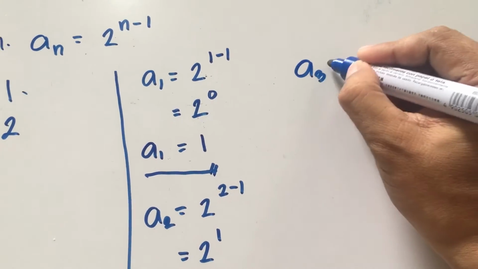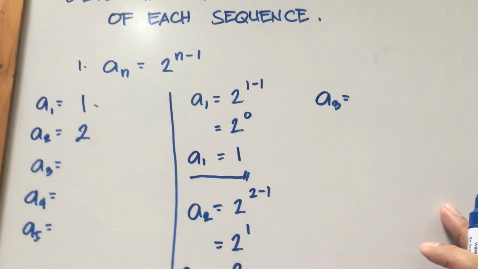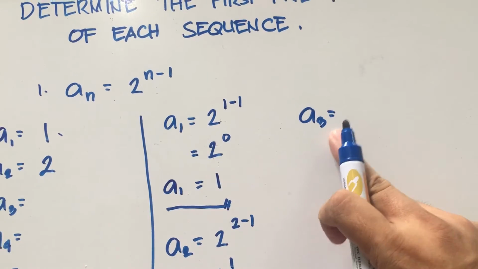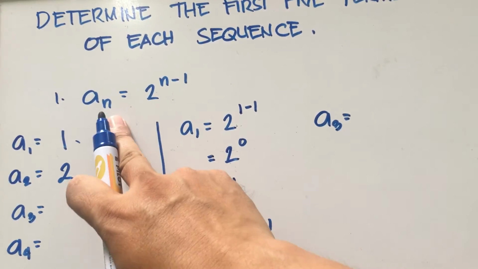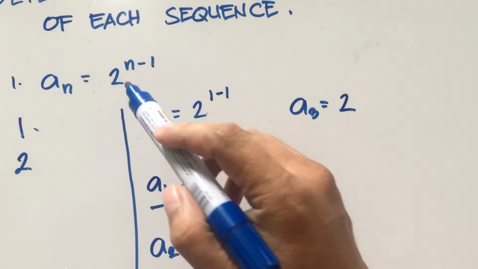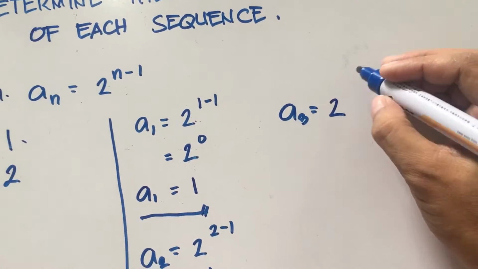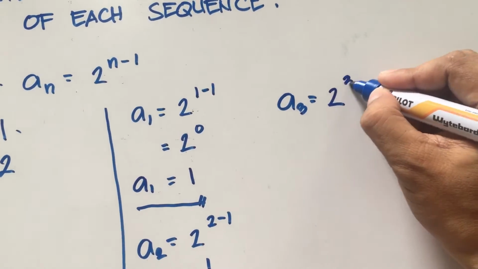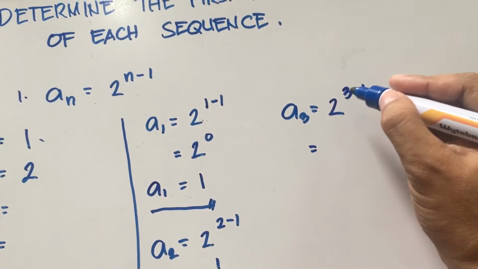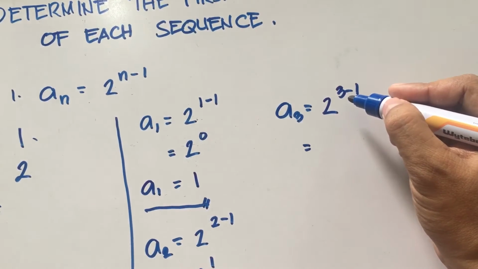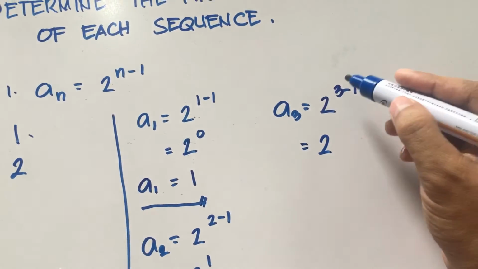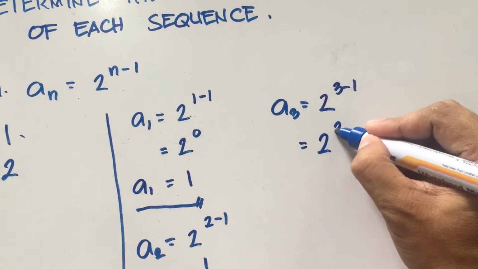At this point, you're going to solve for a sub 3, the third term of our sequence. Again, a sub 3 means the value of your n is equal to 3. Copy 2, and n minus 1 becomes 3 minus 1. Simplify the exponent first according to the PEMDAS rule. 3 minus 1 is equal to 2.